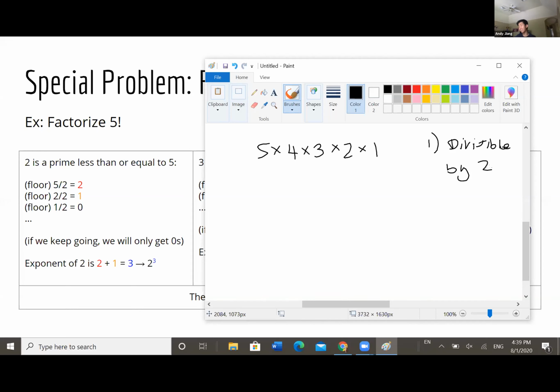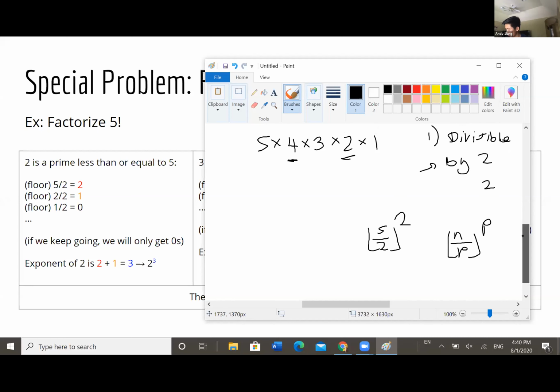Every other one is going to be divisible by 2, so I have 2 here. And in general, the number of numbers divisible by p, if I replace 2 by p, would be the floor of n over p. In this case, p is 2 and n is 5, so the number of numbers divisible by 2 would be 5 over 2, floored.